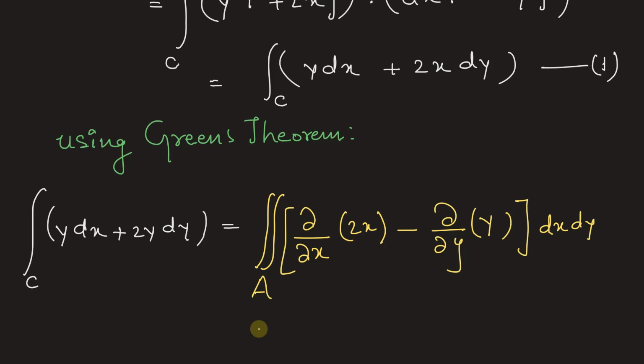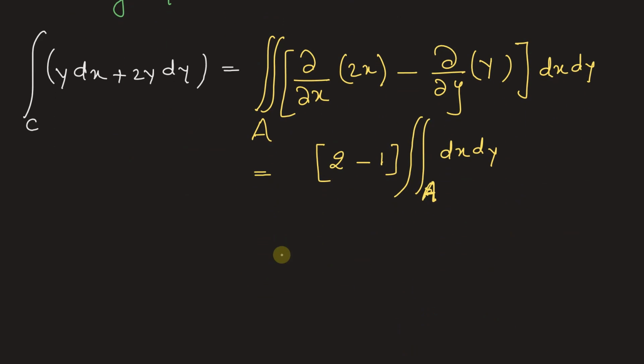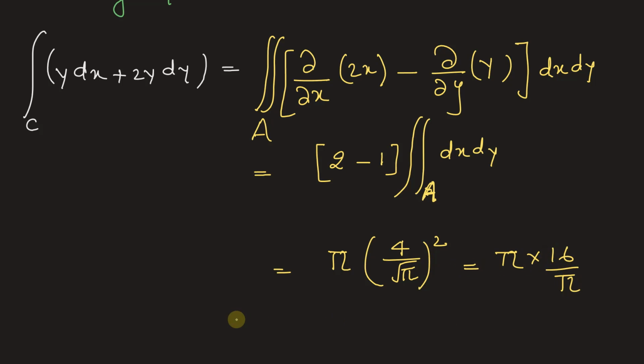So this derivative will be 2 minus 1, and the integral of dx dy over the circle C of area A. So 2 minus 1 is 1, and this integral will be the area of the circle, which is pi r square. r is 4 by root pi, whole square. So this will be equal to pi into 16 by pi, which is equal to 16.